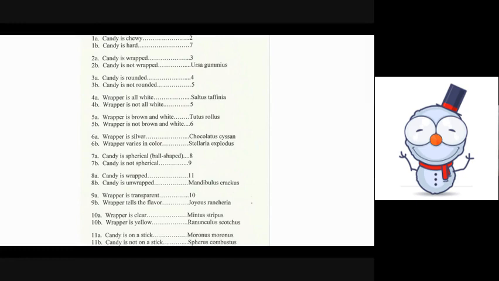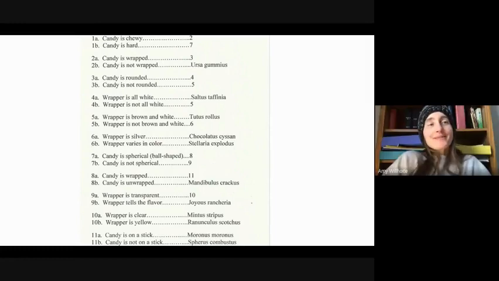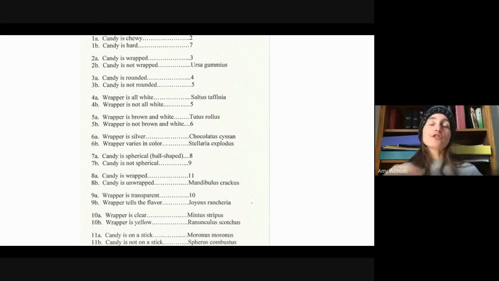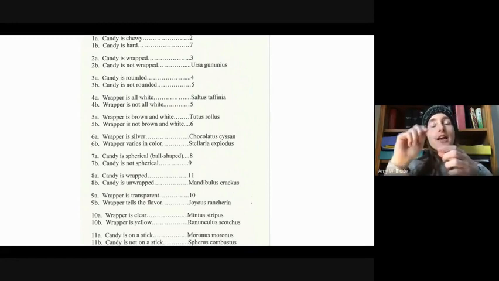Okay. So dichotomous keys are easy, right? So I just have to tell you a little story, and then I think we're basically finished. This is a quick class. Whenever I was in microbiology in college, we had to use a dichotomous key to key our bacteria that we found. You can't just look at it and say bacteria is round, bacteria is wrapped. So what you basically have to do is get a petri dish with your bacteria in it, and then do different things to it, like a flame test.